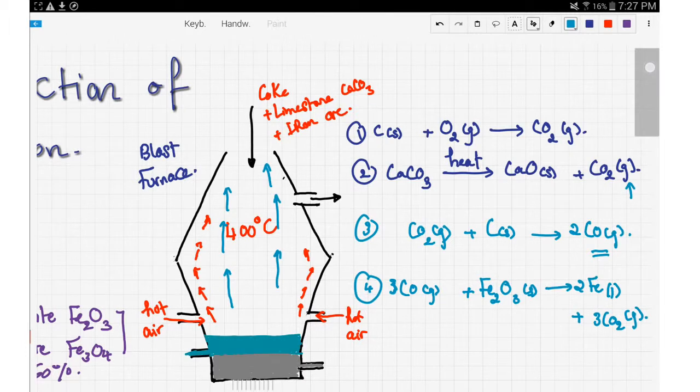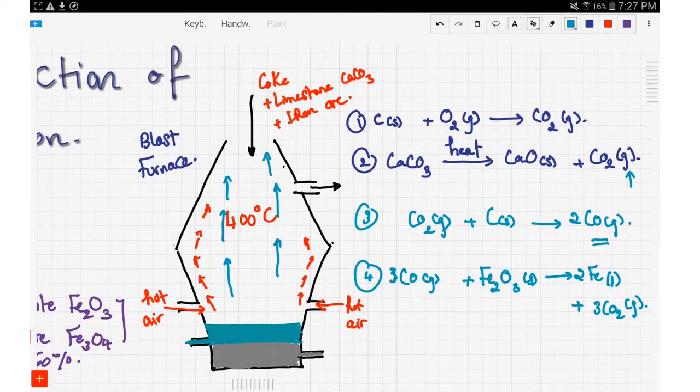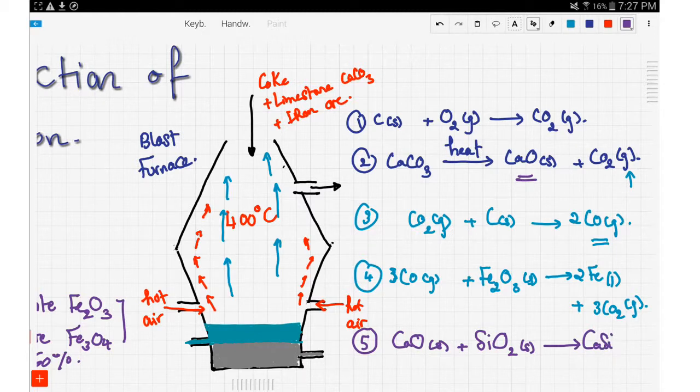Now, the last reaction we have to note is that throughout this process, there's some impurities generated, okay? Those impurities react with the calcium oxide produced here. So in the impurities is silicon dioxide in this solid form, and that would give a compound that we call slag.